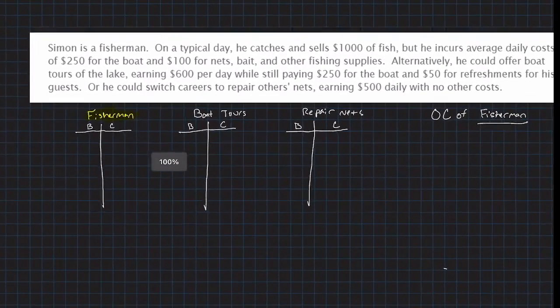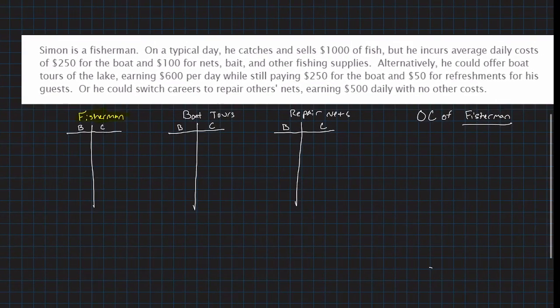Okay? So he's choosing to be a fisherman. Now we're going to put the costs and benefits in for each one. If he's a fisherman, he gets $1,000 in benefit from selling fish, but he incurs average daily costs of $250 for the boat, $100 for nets and bait and other fishing supplies. If he does boat tours, he makes $600, but he still pays $250 for the boat, and then another $50 for refreshments.